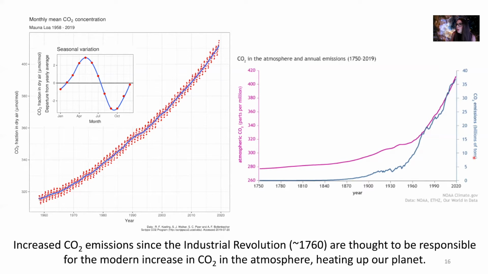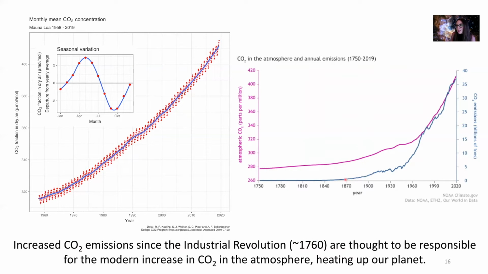And then with the blue, we've got the carbon dioxide emissions created by humans and industry. And so we can see that there's been increased CO2 emissions since the Industrial Revolution, which was around 1760. And this increased CO2 emission caused by human industry is thought to be responsible for this modern increase in the carbon dioxide in our Earth's atmosphere, which is heating up our planet.